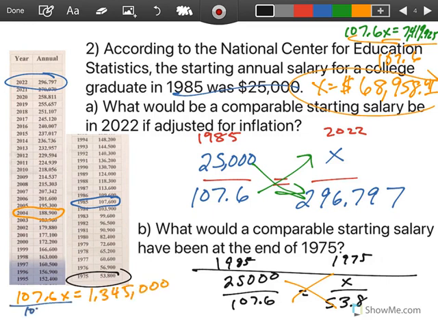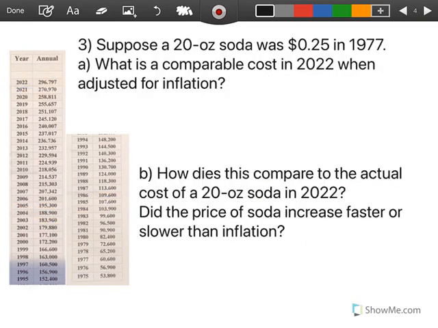Divide both sides by 107.6, and we end up with a value of 12,500. So in 1975, if starting salaries for college graduates increased with inflation, you could expect to earn $12,500 out of college in 1975. Very different world back then.